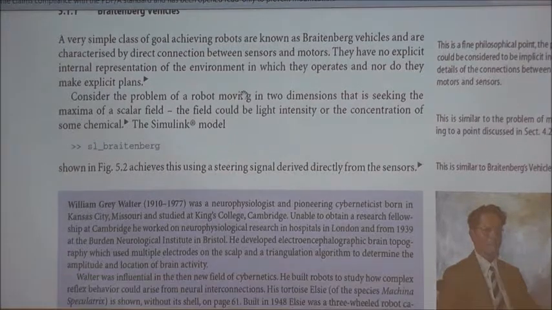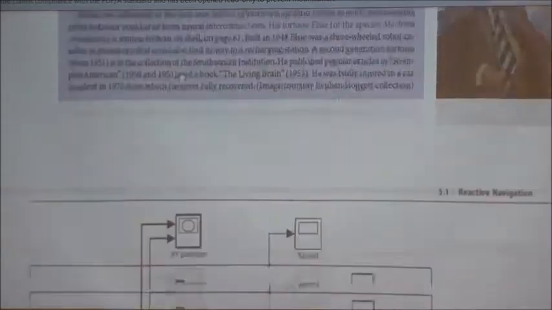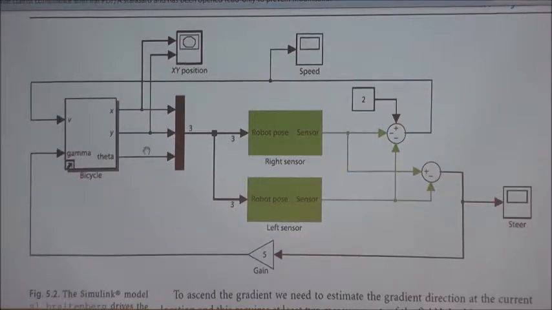For doing that, the robotics toolbox has created a Simulink model called sl_braitenberg, which is shown here. This vehicle has the basic bicycle model that you already have seen in the previous chapter, that hopefully you are working on in your homework number 3, where you're going to be using that.